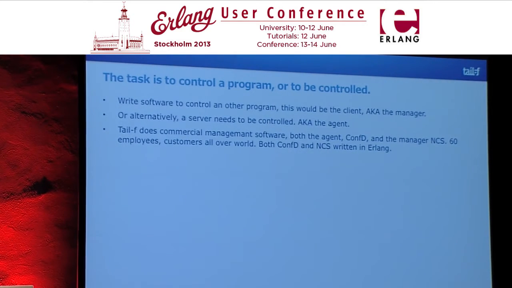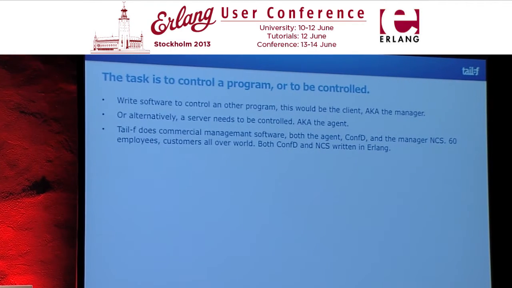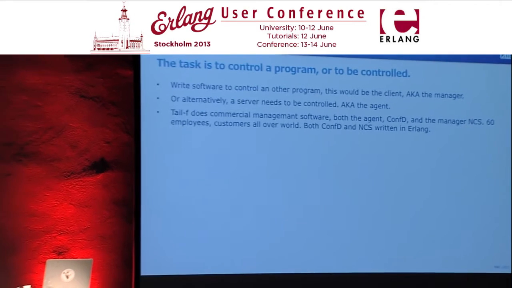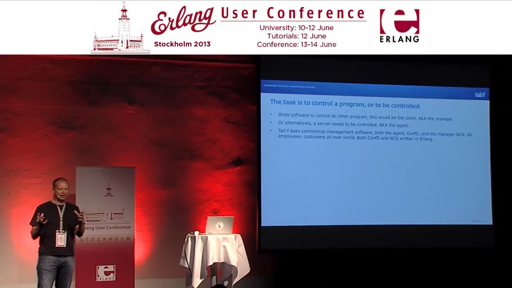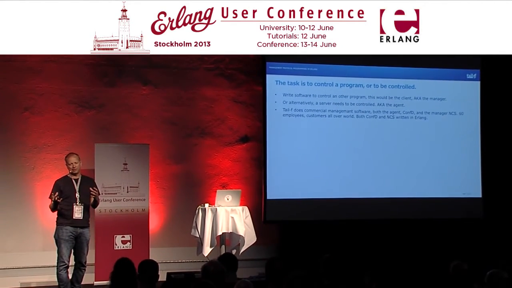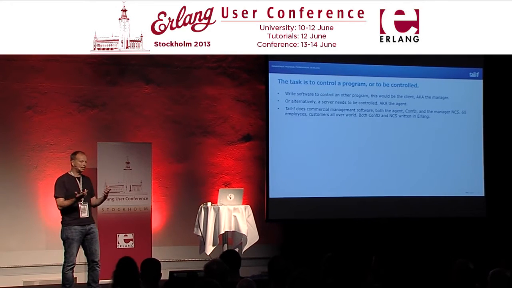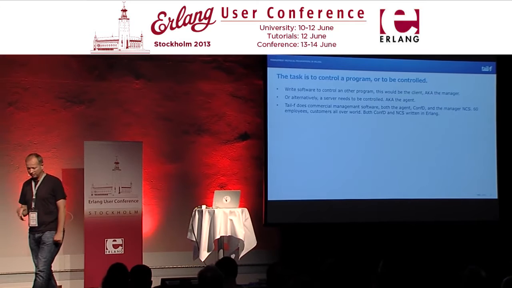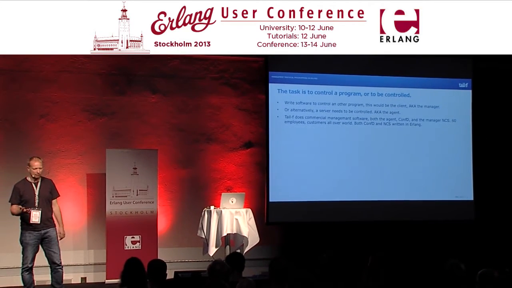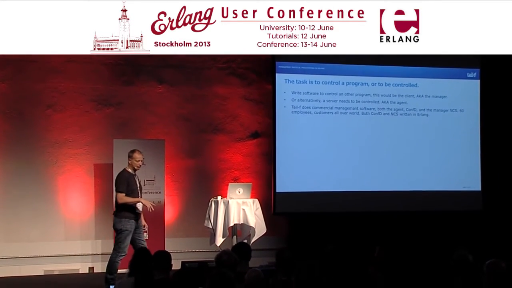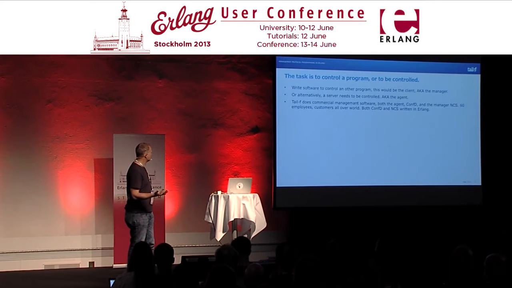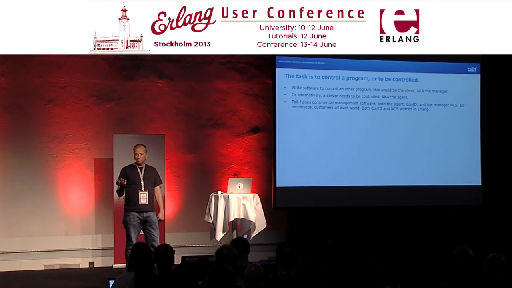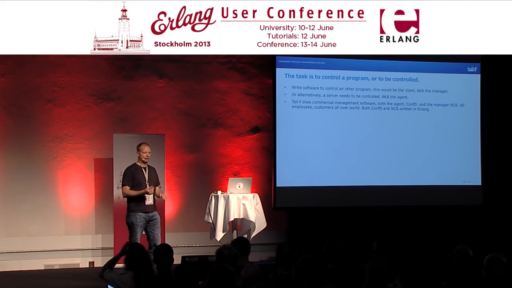And there are two components in managing software. It's having software in your software which allows it to be managed, and that's the agent. This is SNMP speak. I don't actually know where the name agent comes from. You could say server. And the other end is the client, which in SNMP speak is manager. That's the client that connects to somebody and manages it.